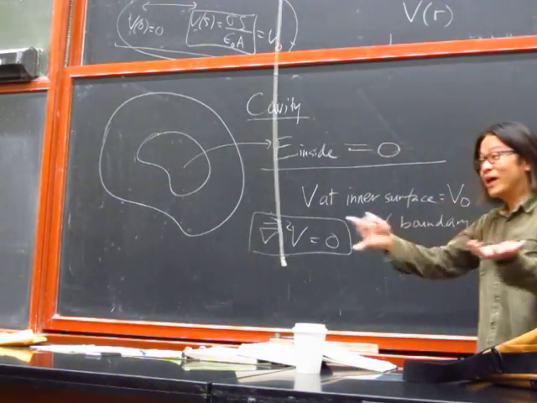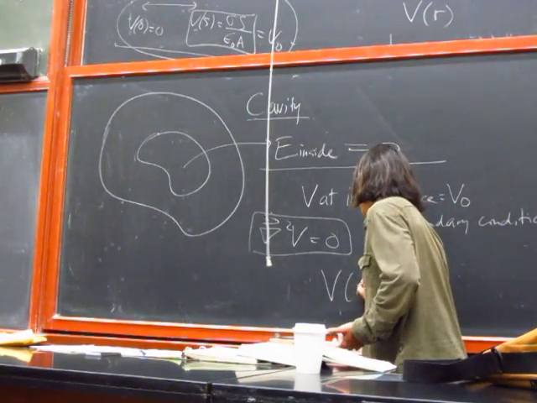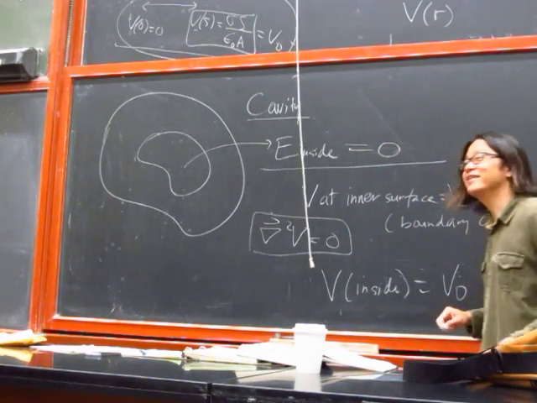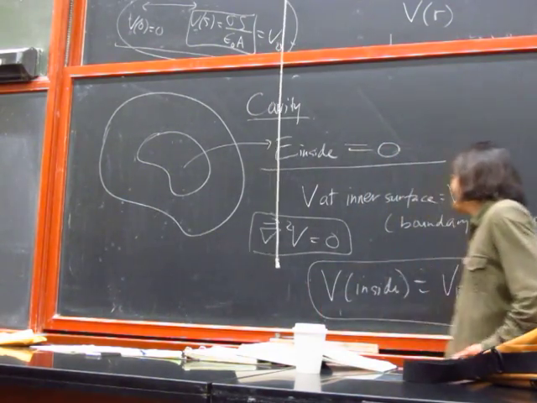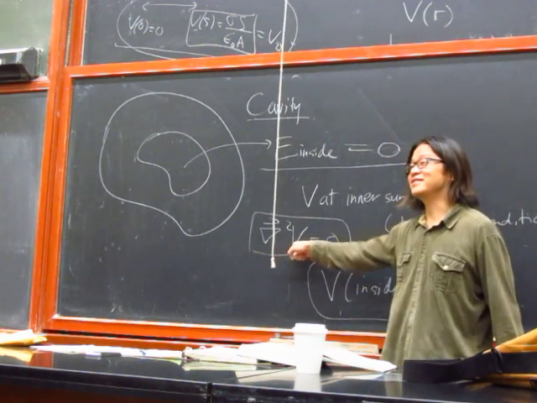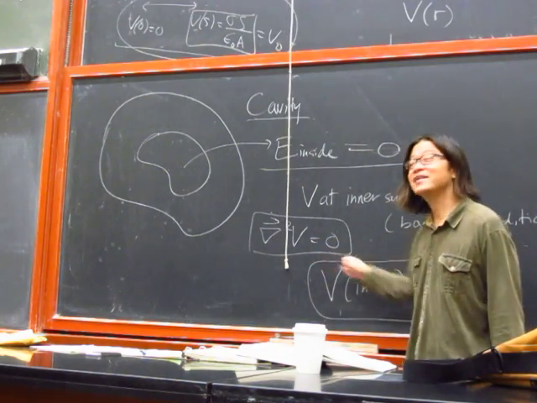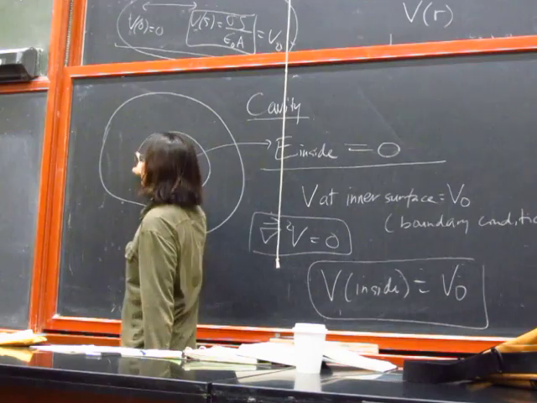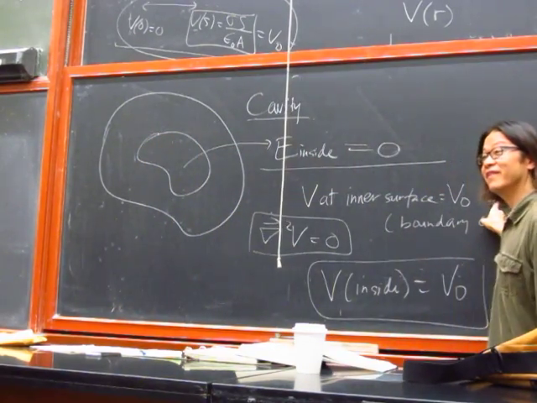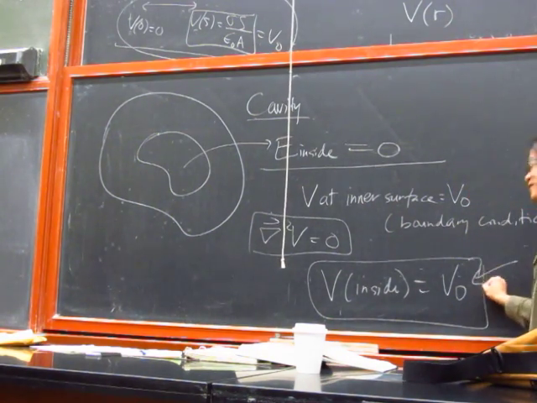But one possible solution is just phi inside equal to V naught. If phi inside is just equal to V naught, the Laplacian is 0. The Laplacian of a constant is 0. And it satisfies the boundary condition, because at the boundary, the potential is also V naught. So this is a possible solution.